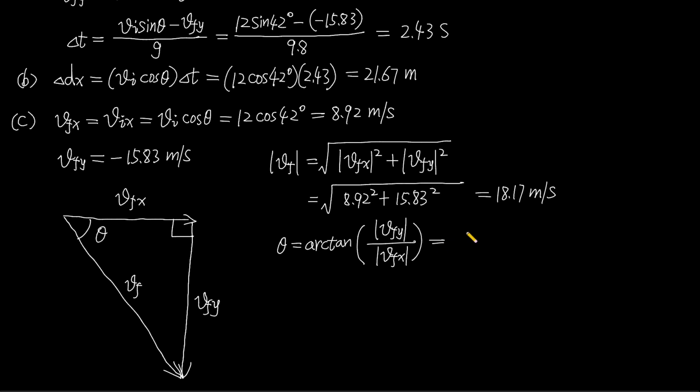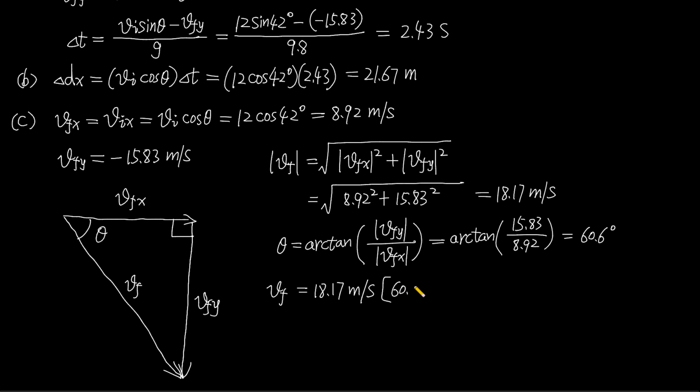Now this equals arc tangent, top is 15.83, bottom is 8.92, and this equals 60.6 degrees. So the final velocity is magnitude 18.17 meters per second. The direction is 60.6 degrees below the horizontal.